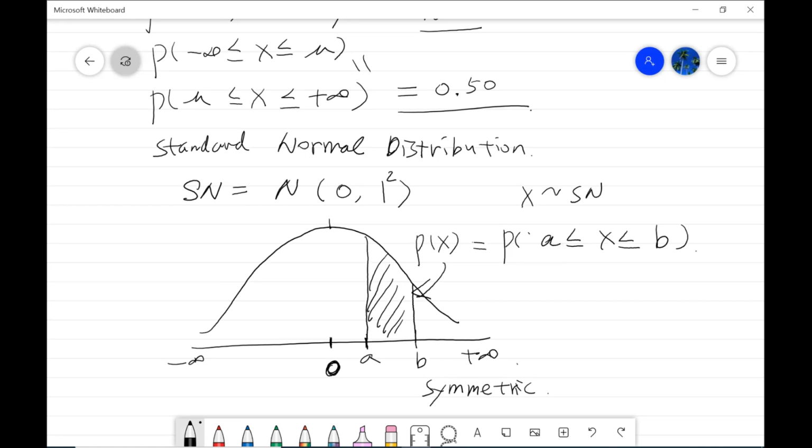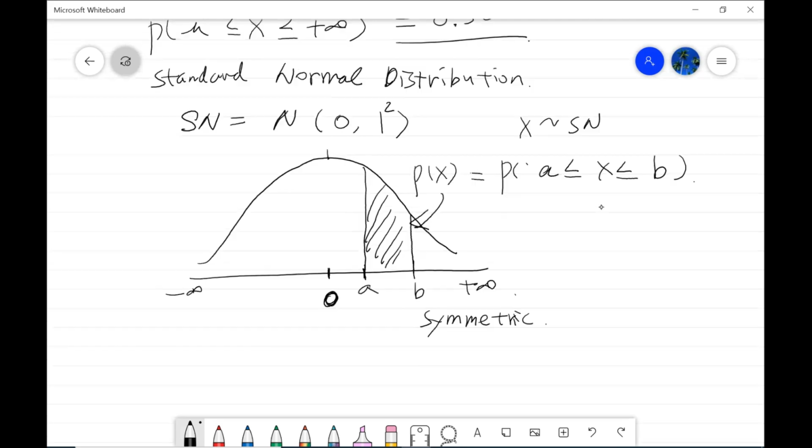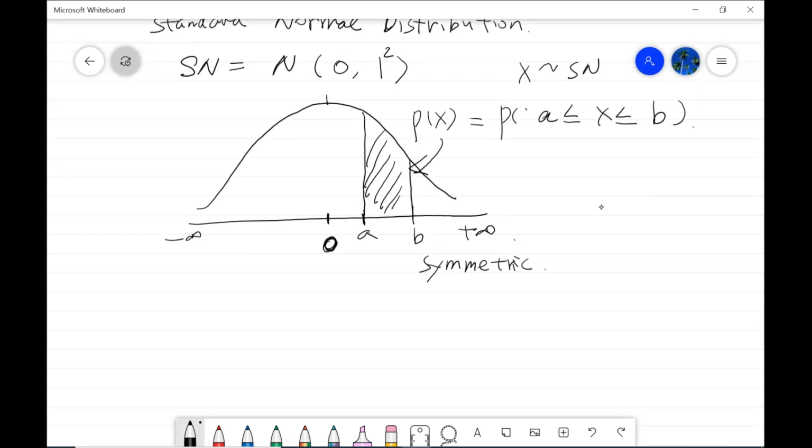The reason why I brought up this other probability distribution, the standard normal distribution, is that there is quite a relationship between the standard normal distribution and the normal distribution. This is a very popular theorem in statistics.